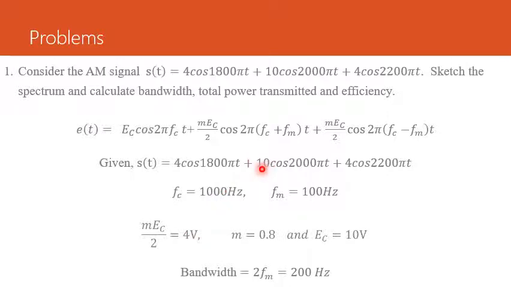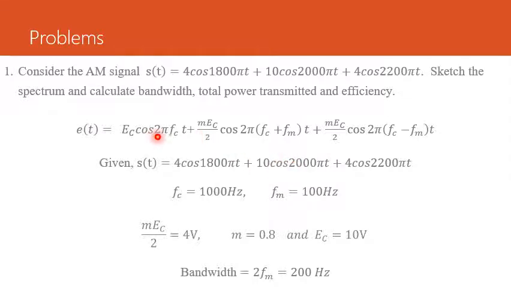It is understood that this signal component represents your carrier component. So this Ec is given as 10, right? So you can find the value of m, that is m into Ec by 2 is equal to 4, where Ec is given as 10, so m is equal to 0.8. We already know that 10 into cos 2000 pi t represents your carrier signal.